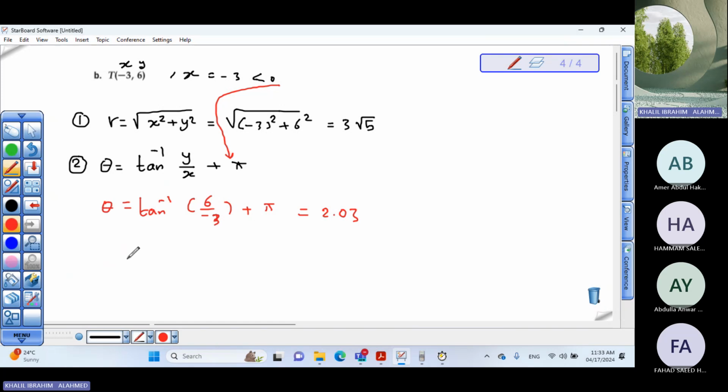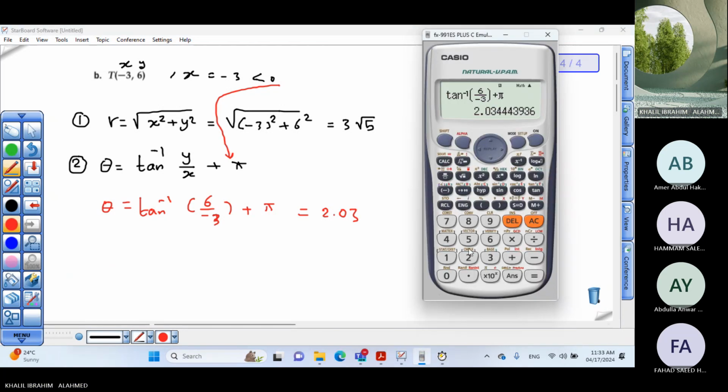We can write this in degrees in the same way, shift mode degree. Just remove pi but add 180. The answer is 160.5.